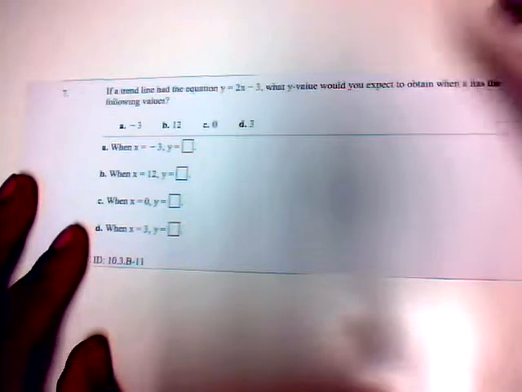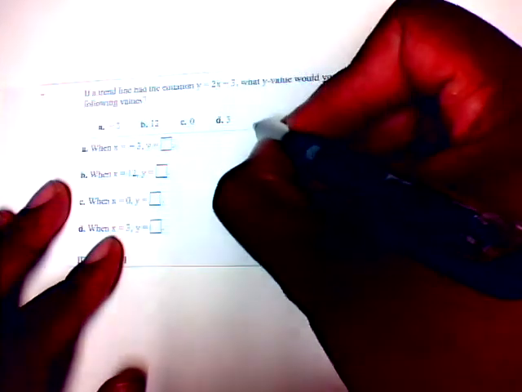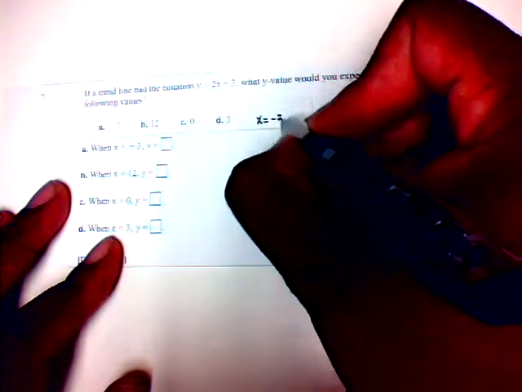Okay. And finally, problem number 7. Again, we revisit the trend line. This time you have y is equal to 2x minus 3. And we want to find out what y value you would expect to obtain when x has the following values. So in part A, you have x is equal to negative 3.